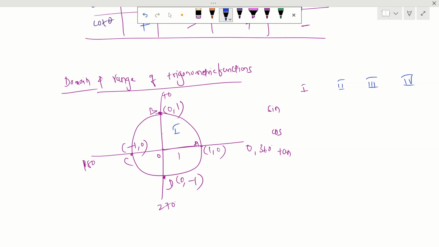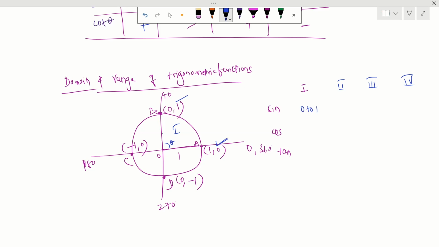In the 0 to 90 degree, the value of sine theta. Sine theta means what? This second value, right? This is first. X is the cos value. So here in the first quadrant, suppose it's theta, then the sine theta increases from 0 to 1.